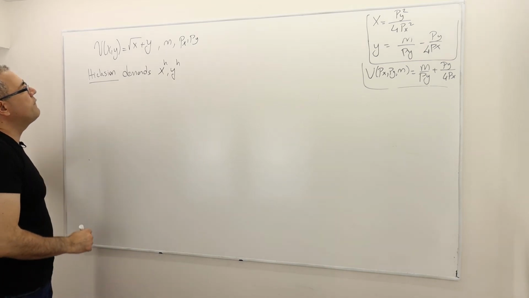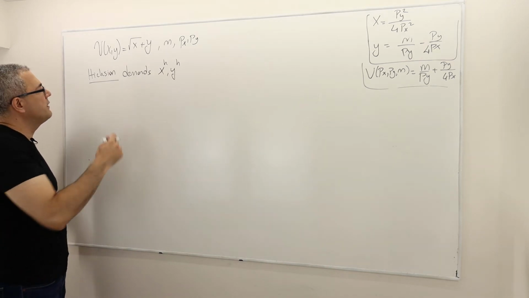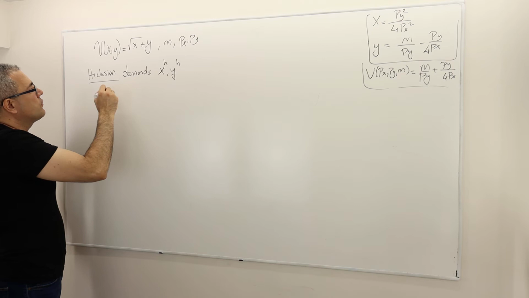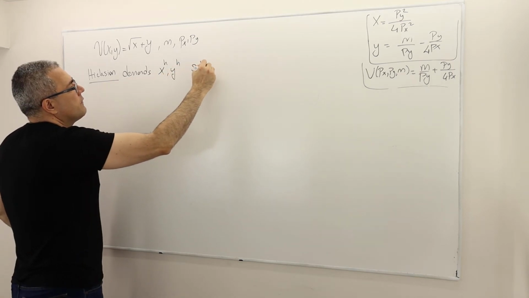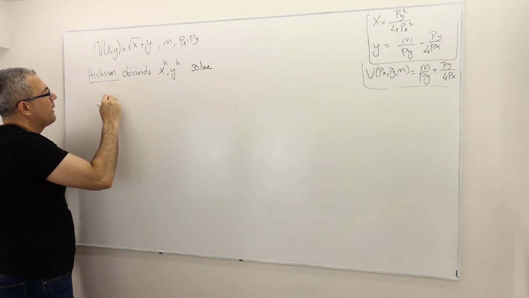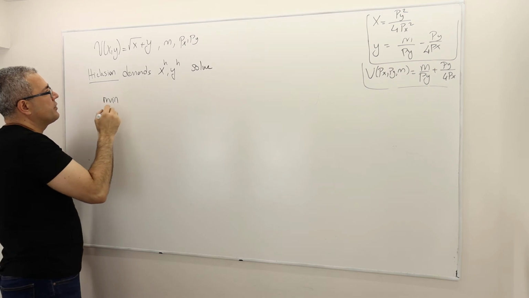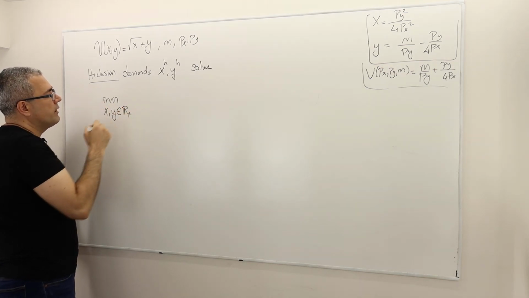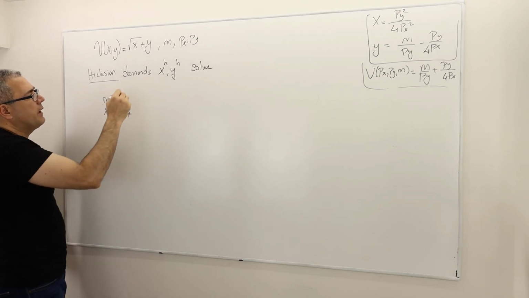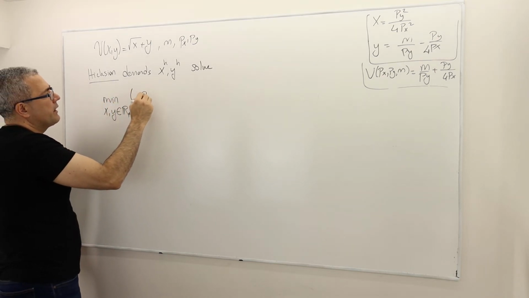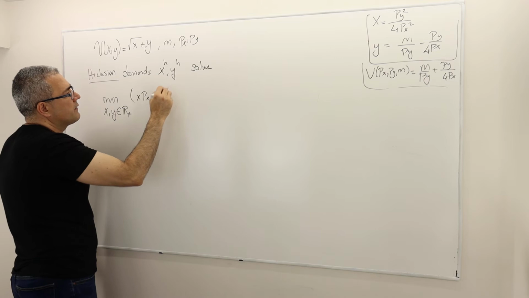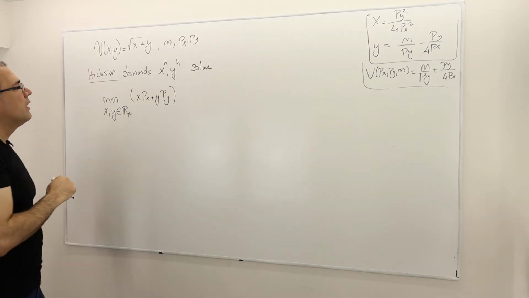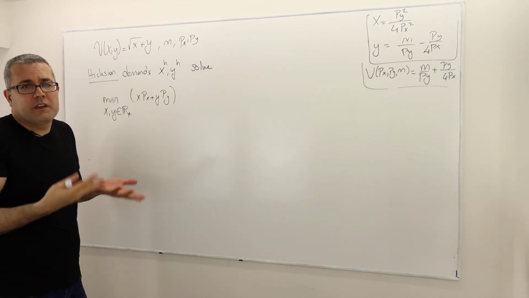So how do we find the Hicksian demand? Well, the Hicksian demands solve the following optimization problem: minimize the expenditure by choosing x and y in real numbers. What is the expenditure? Well, it's basically x p_x plus y p_y, right? That's the expenditure. Obviously, income is not part of expenditure, right?